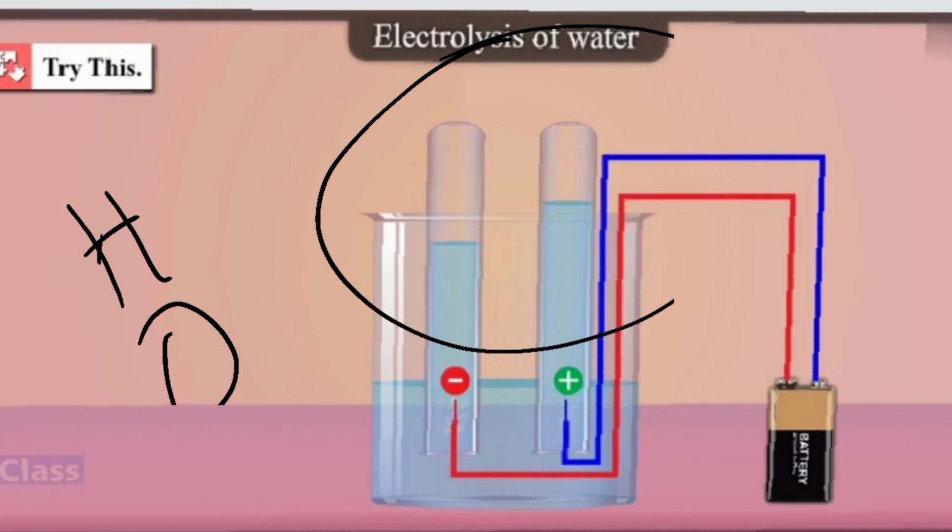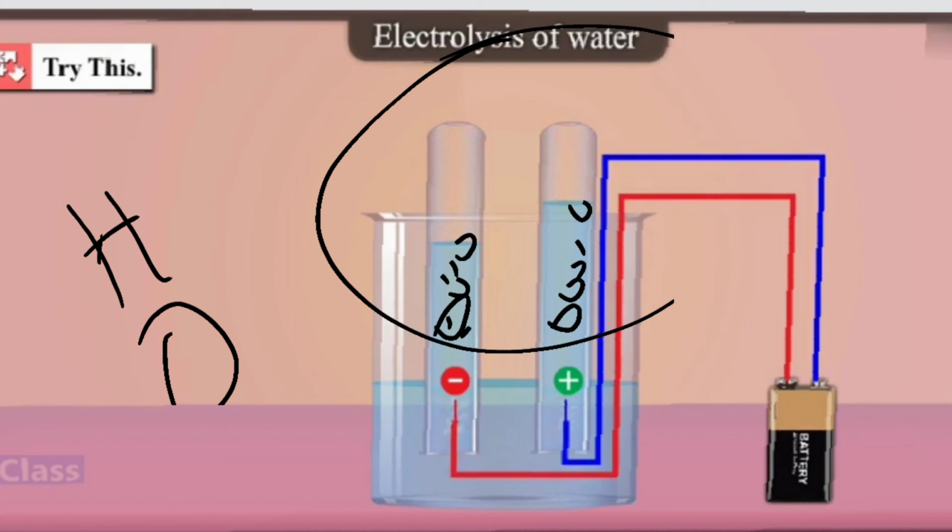See, electrolysis of water, I am repeating. Take a beaker of around 500 ml, and then take 250 ml of solution, half the capacity of the beaker at minimum, and then you connect it to the positive and negative terminals, so they will behave as cathode and anode. When it is connected, slowly we'll see that bubbles are coming from both sides, and you will see that here the bubbles are more, and here a little less.